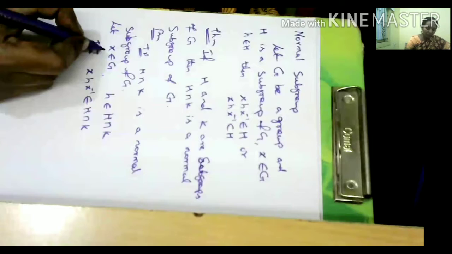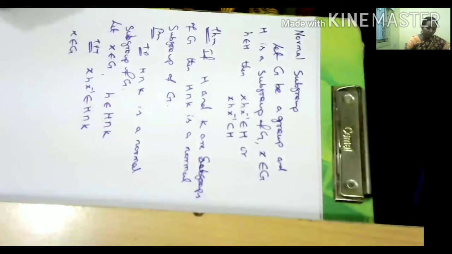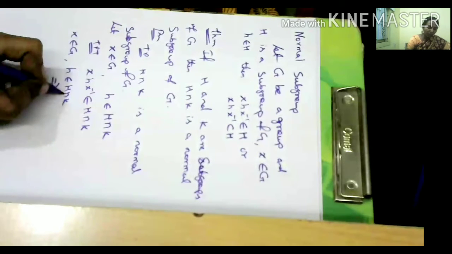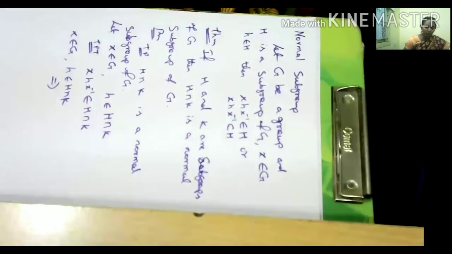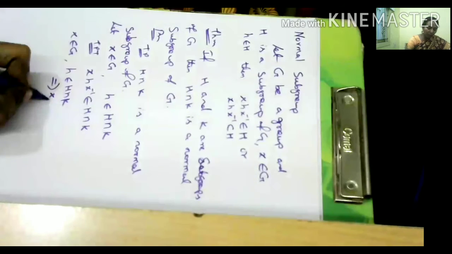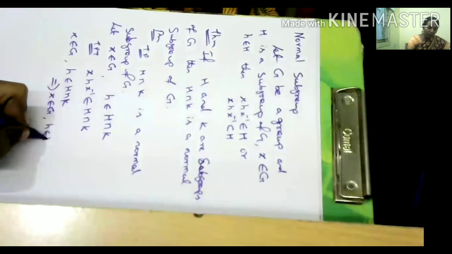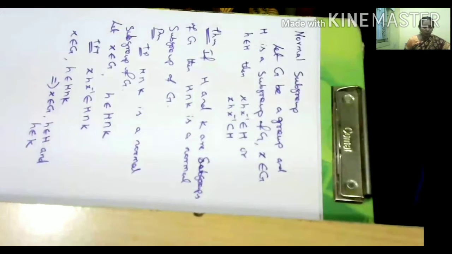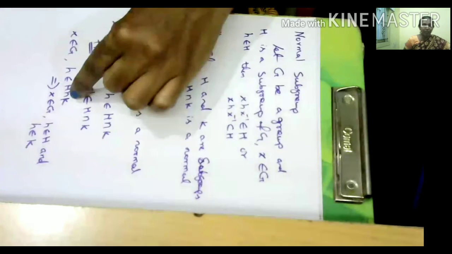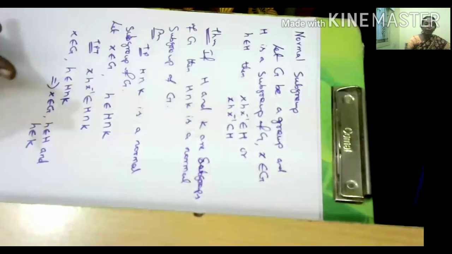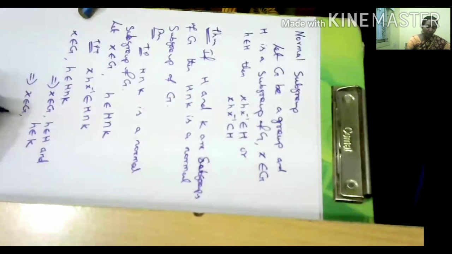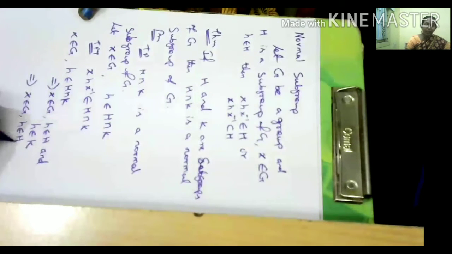See here. Take x belongs to capital G, h belongs to H intersection K. By using the intersection property, h belongs to capital H and h belongs to capital K also. Now combining, x belongs to G, h belongs to capital H, so x is common.